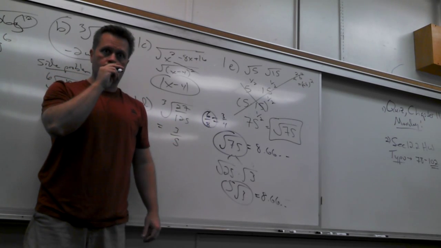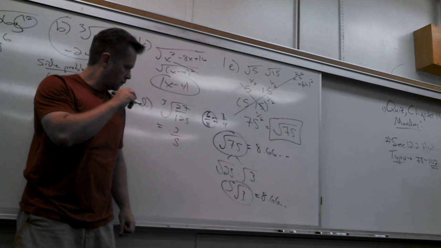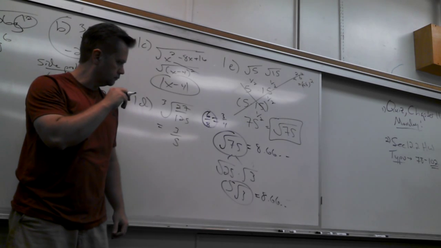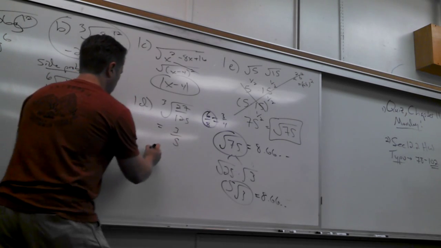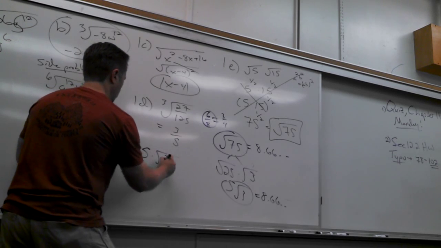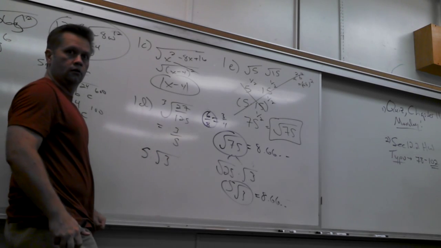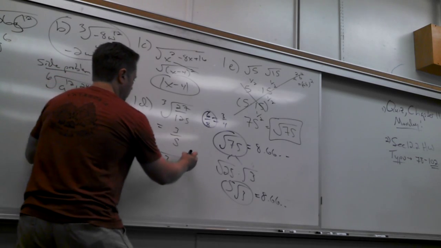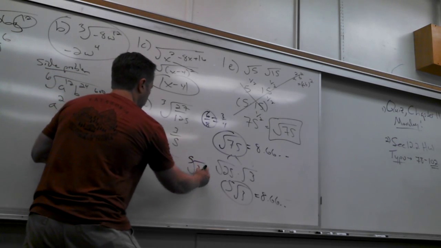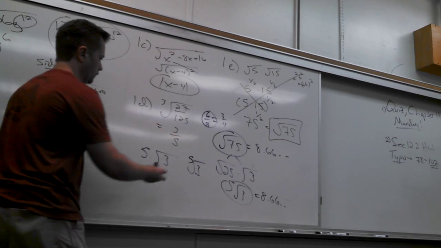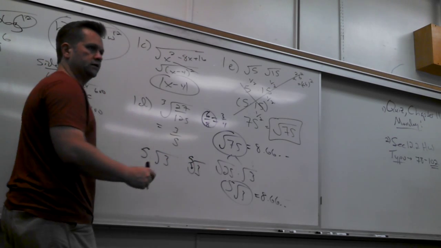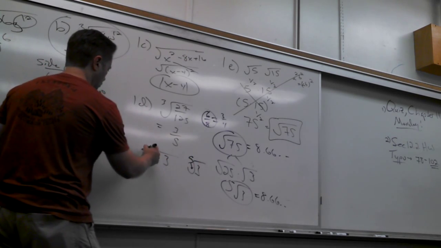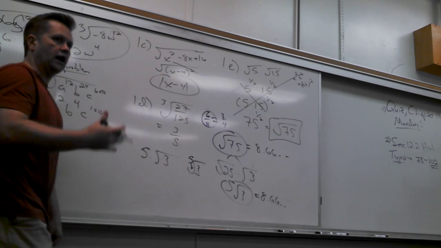Just to make sure that 5 times the square root of 3 is different from the fifth root of 3? Yeah, I've got to be careful because otherwise this might look like the 5th root of 3. If the 5 is in here, that means it's the 5th root. If the 5 is out front, that's 5 as a coefficient.